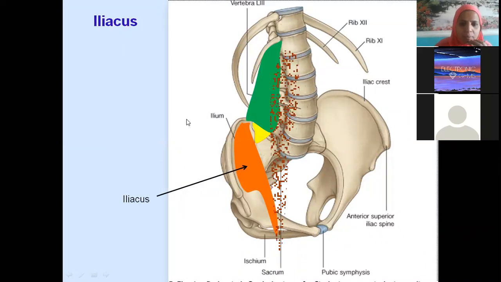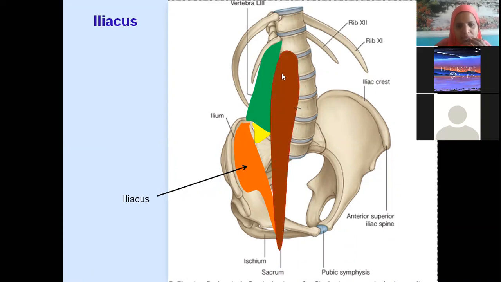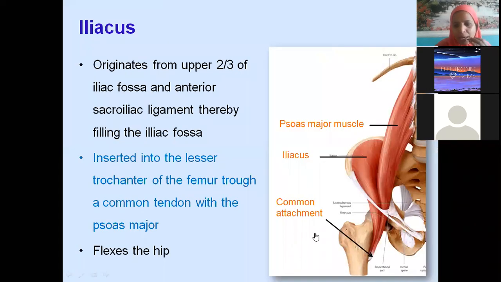This muscle is iliacus and this muscle is psoas major. Both of them are joining to form the iliopsoas tendon, and this iliopsoas tendon is getting attached to the lesser trochanter of the femur.